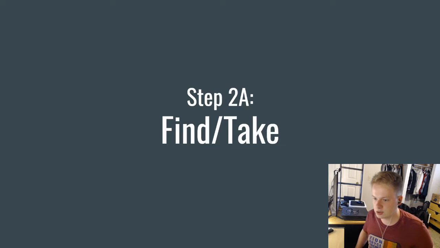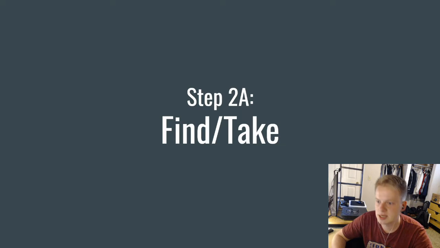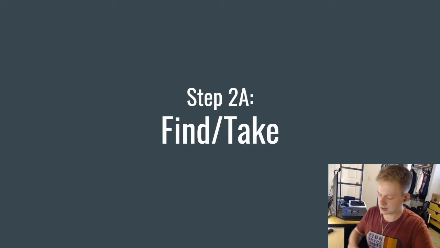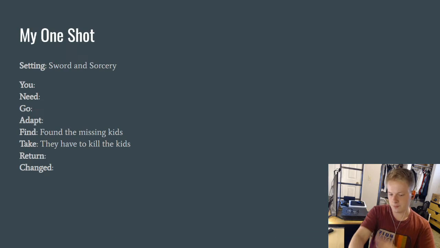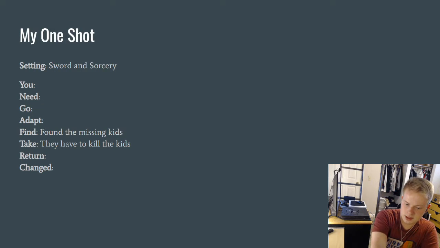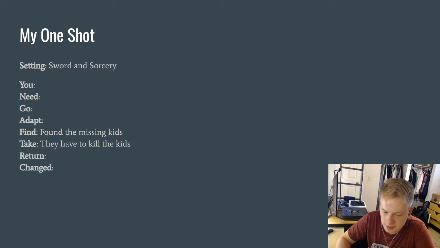So the characters go out trying to find these missing kids, but actually they wind up having to kill them. That's a really interesting find and take. So I started writing that down. We look at steps 5 and 6, find and take. Here's my little outline right here, starting at 5 and 6: we're trying to find the missing kids, but then they have to kill the missing kids.